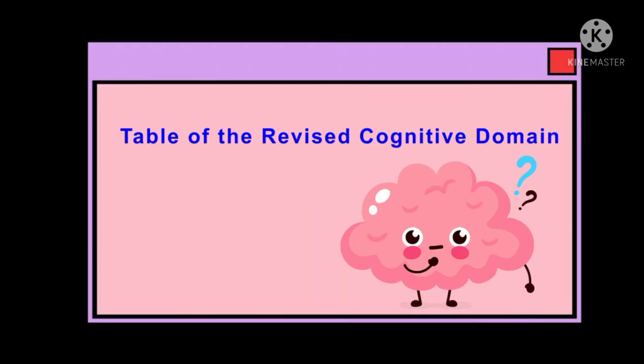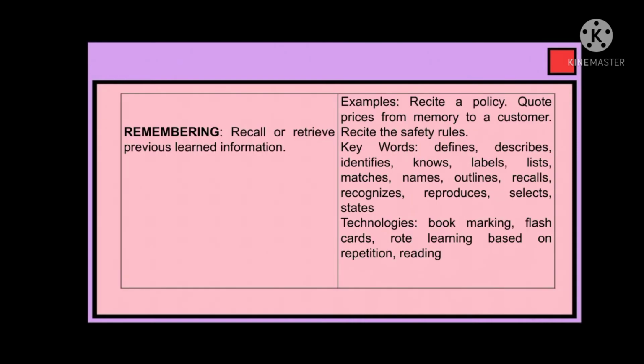Next is the table of the revised cognitive domain. And as you can see under the category, it is the learning taxonomy with a given example, keywords, and technologies for learning activities. The first learning taxonomy is remembering. It is to recall or retrieve previously learned information. For examples, you can recite a policy, quote prices from memory to a customer, recite the safety rules.